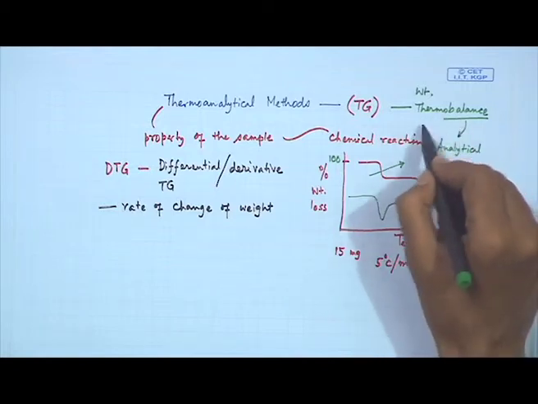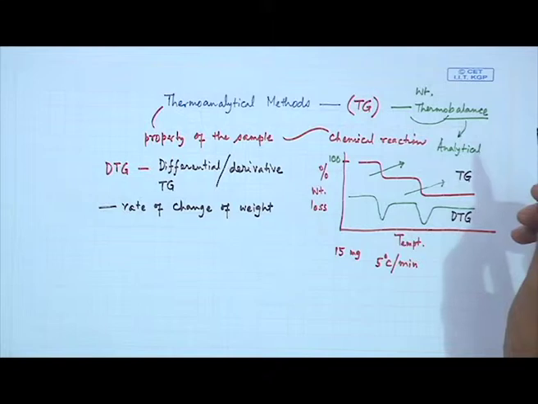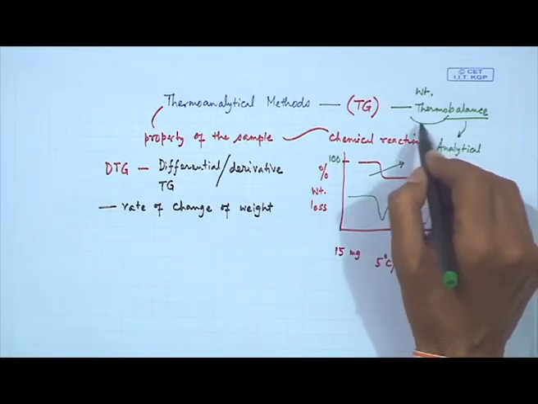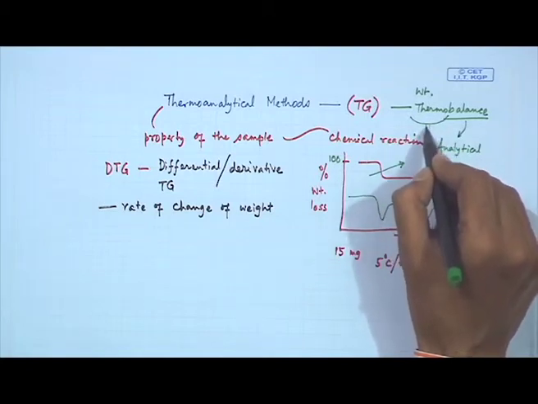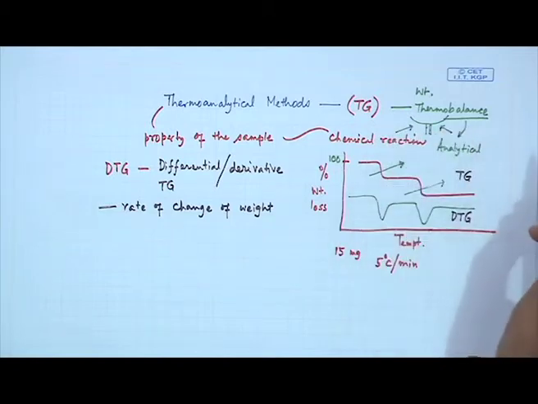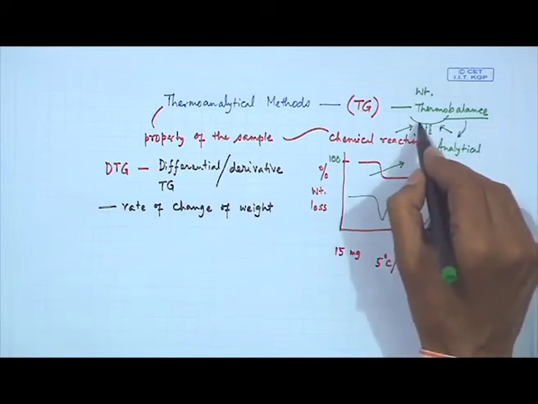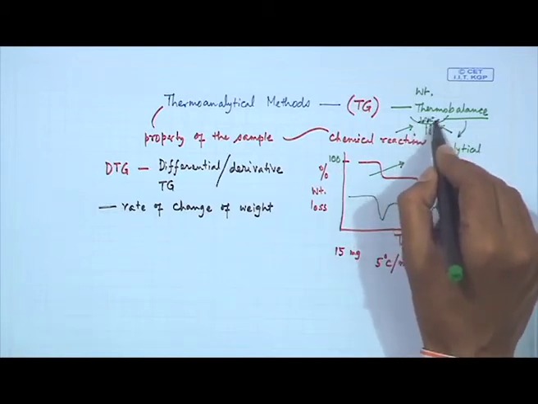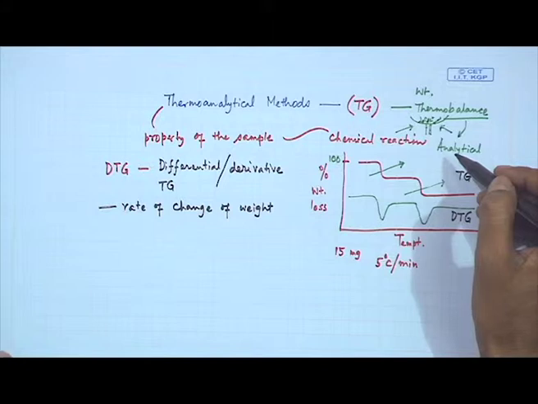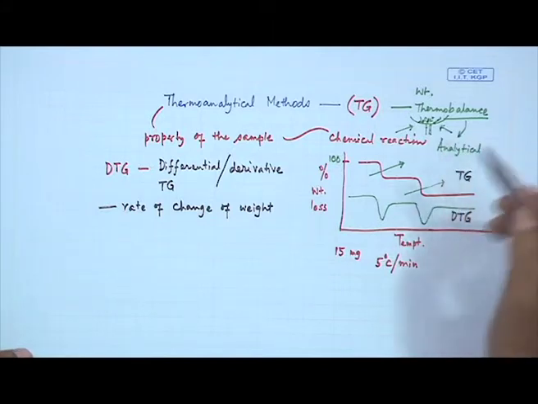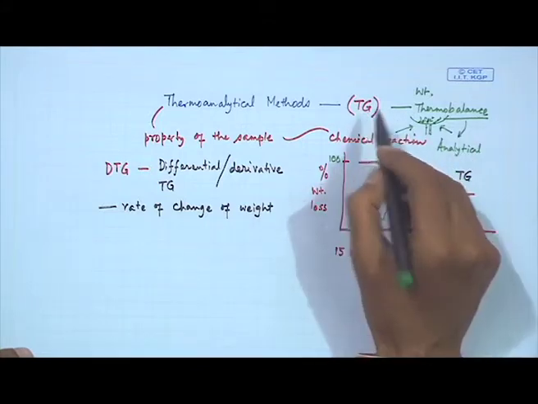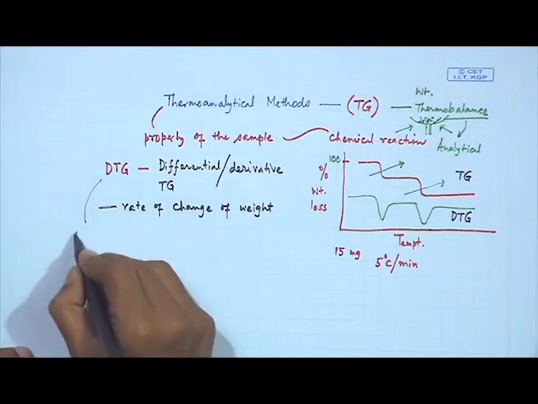When it is associated with a thermal change, the sample is kept in a sample holder, that means the pan, and that pan can be heated within a small furnace. So, if we heat the pan with the sample on the balance, we can have some mechanism for monitoring the change in weight due to that particular reaction or any other physical change. So, we require a thermobalance for TG, and for DTG also we require the same thermobalance.